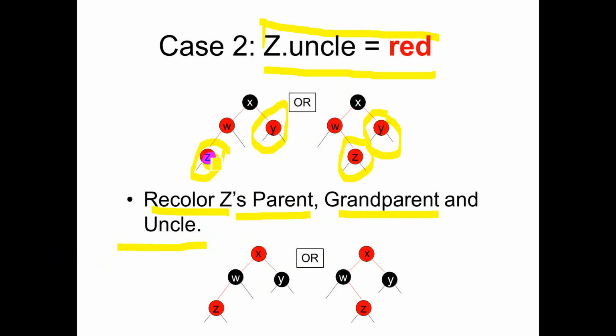So what I did, you can see, I made the W and X black, and the parent is red. Similarly, you can look at this one, or this one. So this is very simple. Now we can look at case 3.